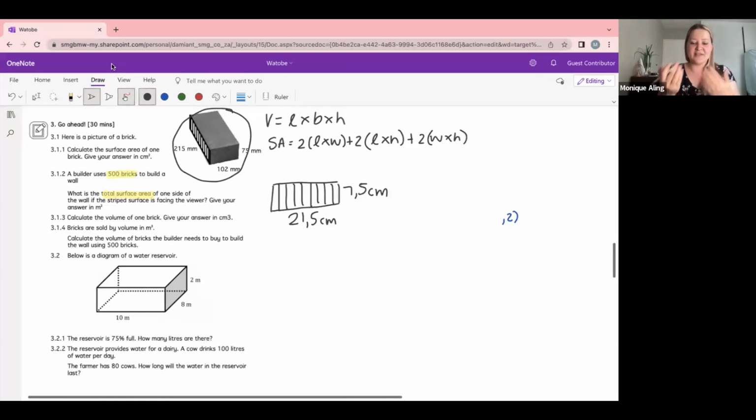So how do I work out the area of this shape? This shape is a rectangle. So how do I work out the area of a rectangle? Lubanzi?